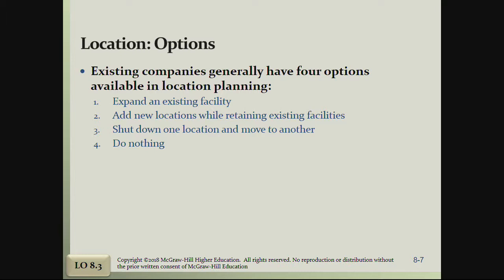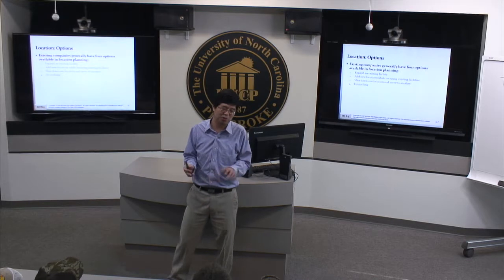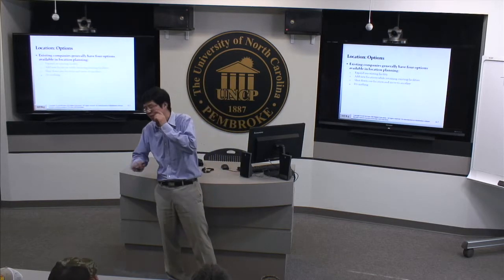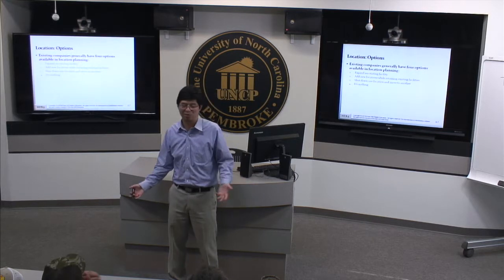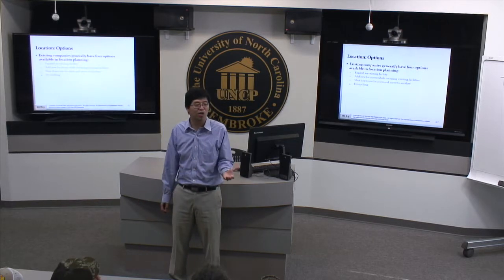Here's something very interesting. When I first saw this slide, I thought for one or two minutes, why is the fourth option listed here? We know that do nothing should be listed in any management class, for any decision. You can decide whether to hire a person or not, whether to increase salary or not.